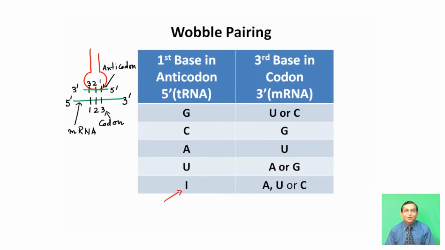So this is called wobble pairing, and it occurs as per these rules. In these diagrams, it has been shown that the 1 position of the anticodon and the 3 position of the codon wobble, or wobble pairing occurs.